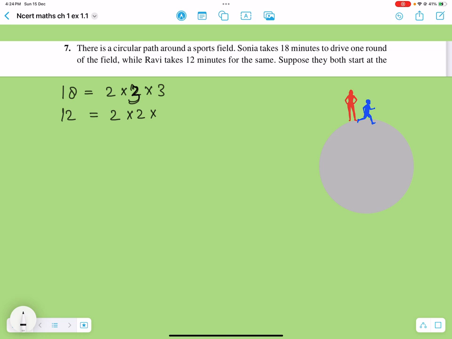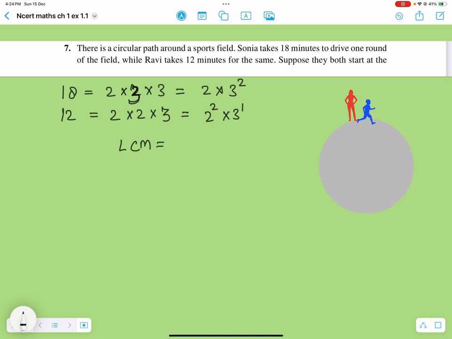We can write it down as 2 multiply 3 raised to power 2, and 2 raised to power 2 multiply 3 raised to power 1. And now you guys know, can someone tell me how you calculate the LCM of these two numbers? Come on.